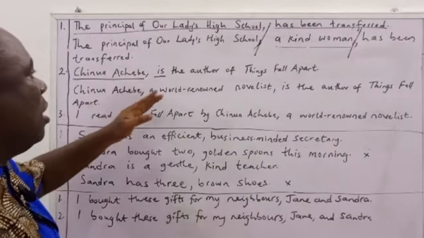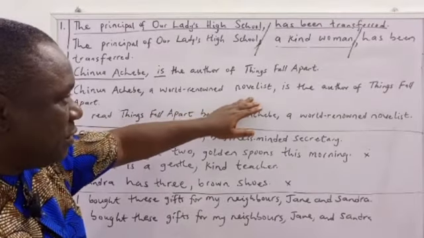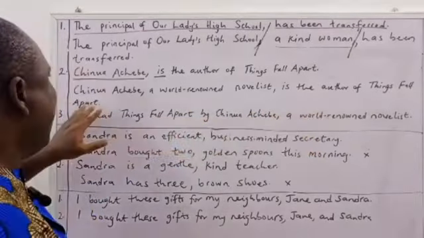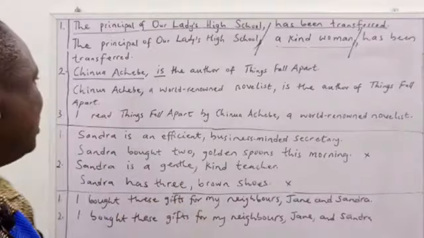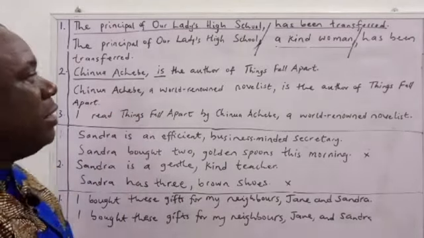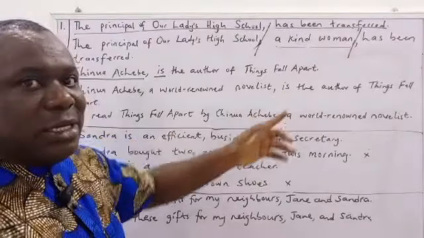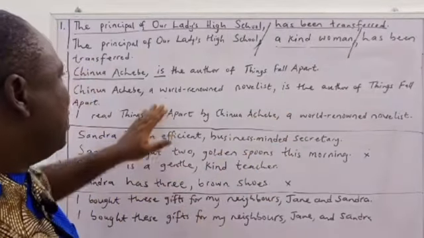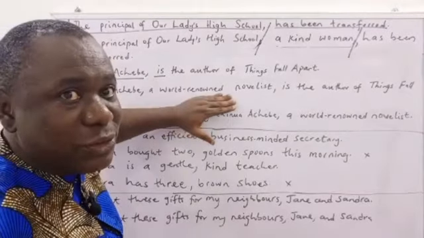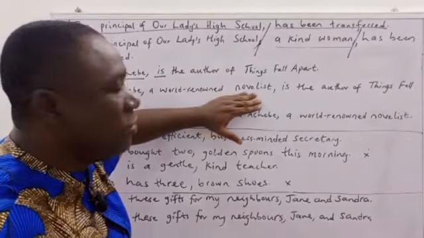Chinua Achebe, a world-renowned novelist, is the author of Things Fall Apart. The subject of the sentence is Chinua Achebe, and the verb is this word is. But standing between them is this expression, this phrase in apposition, a world-renowned novelist.